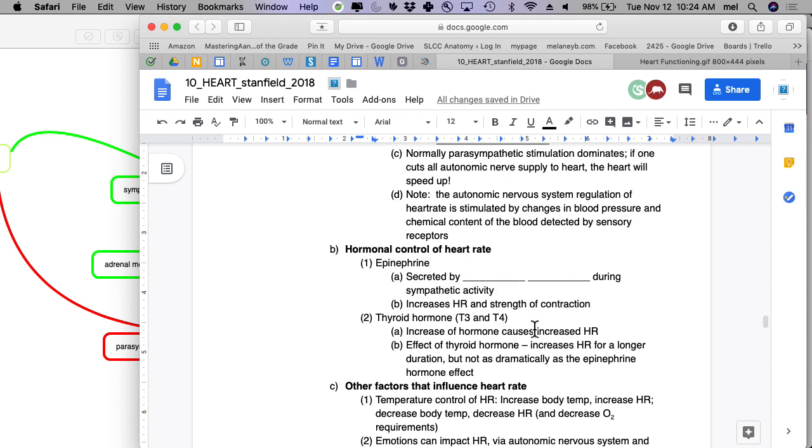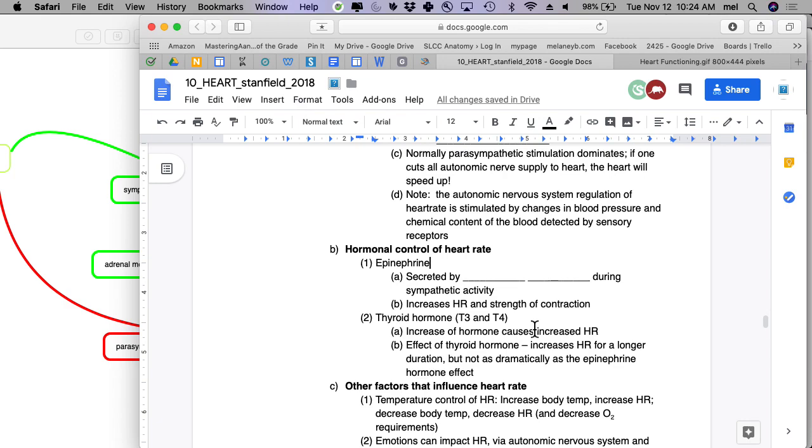But then what about thyroid hormones, T3 and T4? Those increase the metabolic activity of all tissues, including the heart. So is it dramatic? No. But is it persistent? Yeah. If you were hyperthyroid, your resting heart rate would probably be higher.